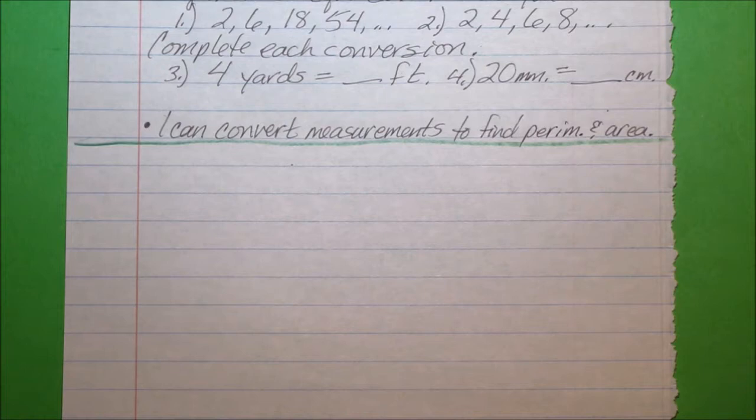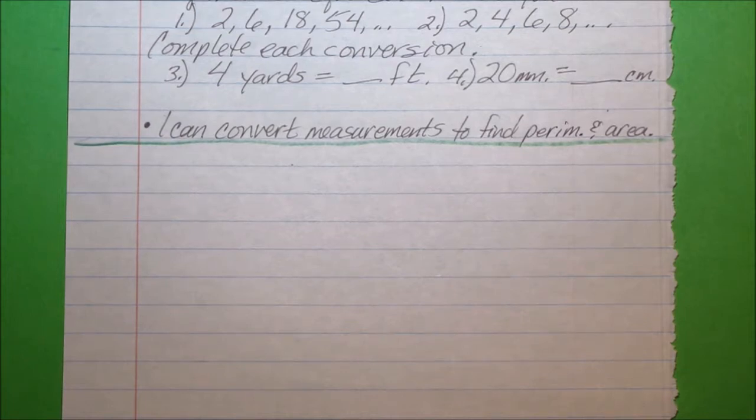And so I'm going to show you some ways to order your work, which are going to be very important, because on your worksheet there's only 6 problems, but there's so many steps to each problem. If you're not disciplined in how you order your work, it's going to be tricky. So don't worry, I'm going to show you a good way to order it, and you'll know just what to do.